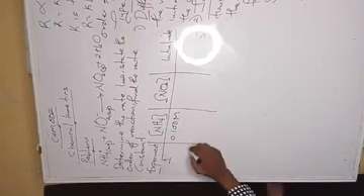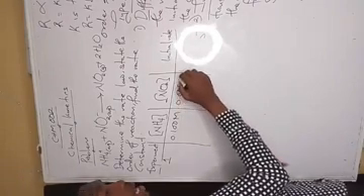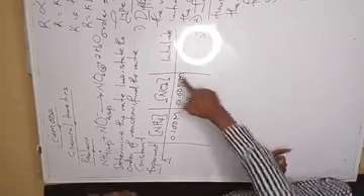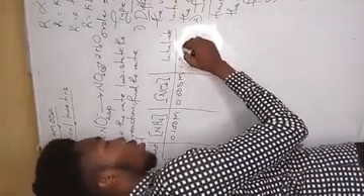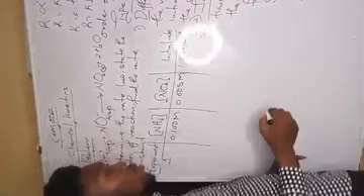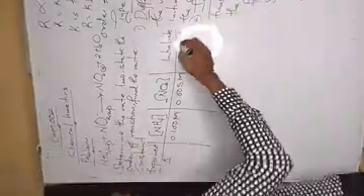Let's go down like this. 0.005 M, and the initial rate is 1.35 times 10 to the power minus 7. We know our initial rate is going to be in molarity per second.